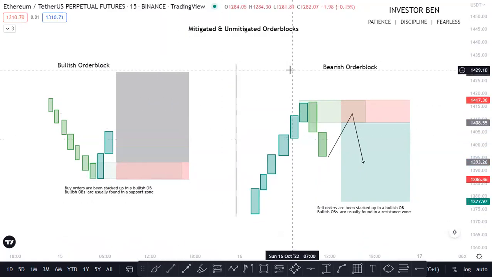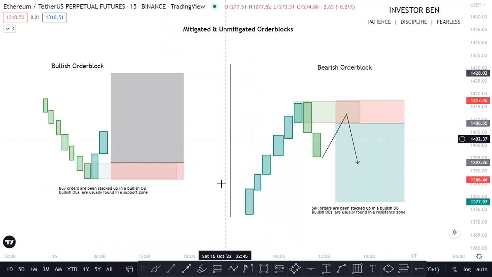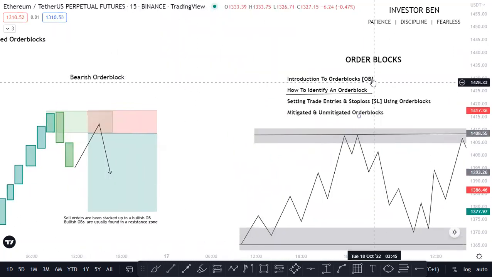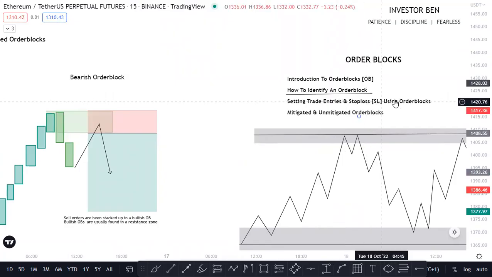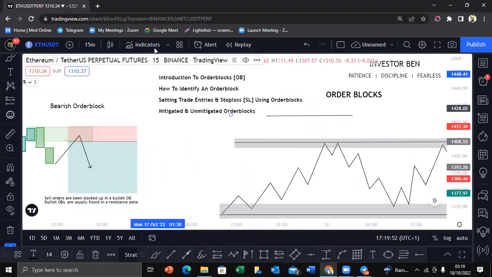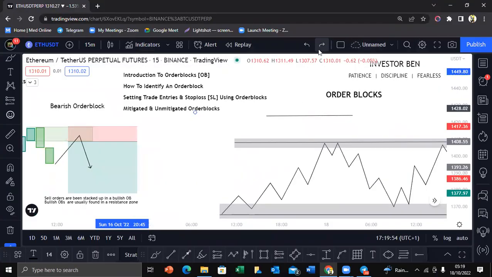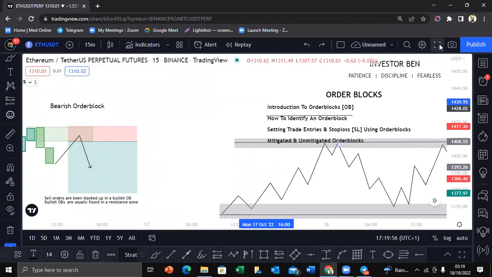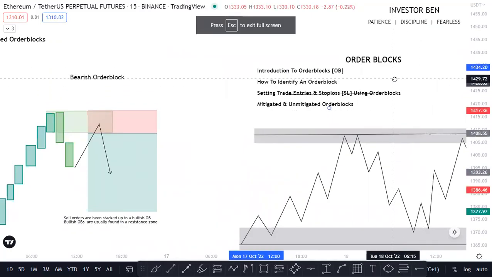Now, let's quickly dive into the live charts and spot out all these things we've said: how to identify order blocks, setting trade entries and stop loss using order blocks. And that will bring me back to these support and resistance levels.